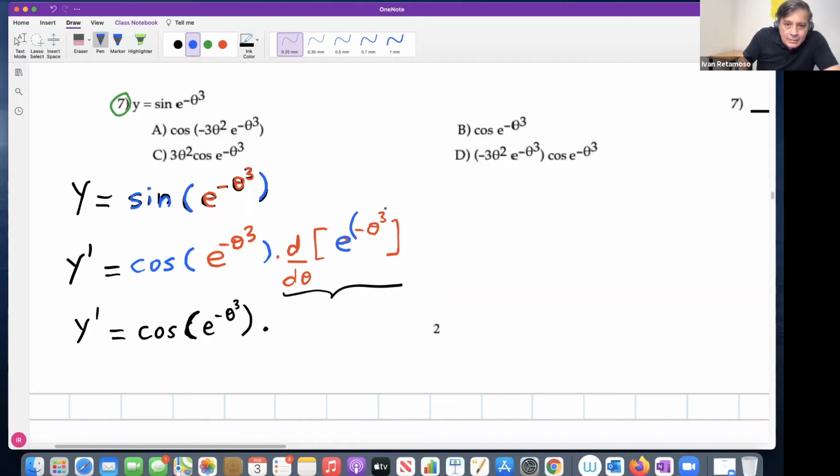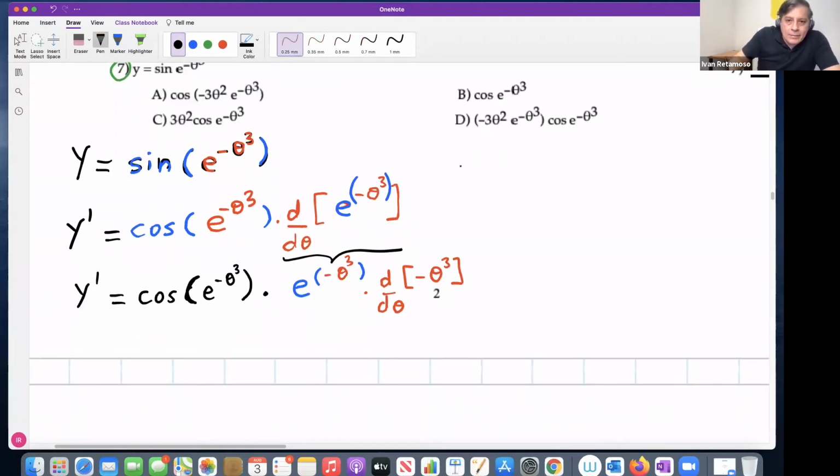It is e raised to something composed with this minus theta cubic function, right? So let's take the derivative. Derivative of this composite function is, we start with the derivative of the outside function, which is itself, but evaluated at the inside function, right? Evaluated at this guy, times the derivative with respect to theta of your inside function, which is minus theta cube, right? Minus theta cube.